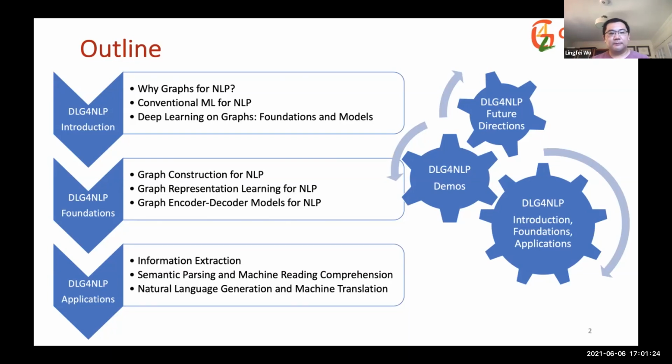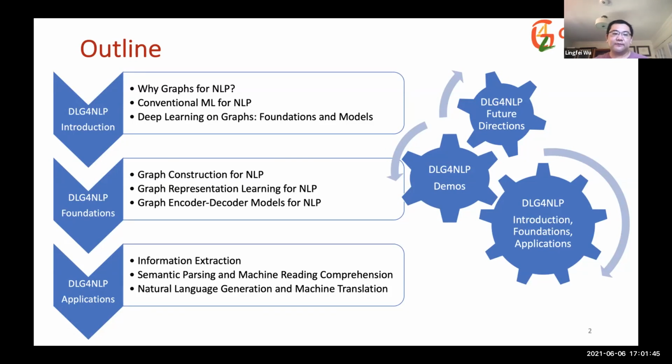After we introduce the basic motivation and background knowledge, we will talk about the core foundations for DLG for NLP. We will talk about how to convert the text sequence to graph structure data. So we call it graph construction for NLP.